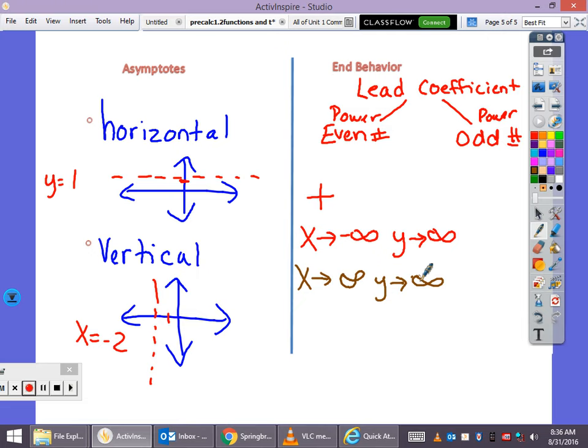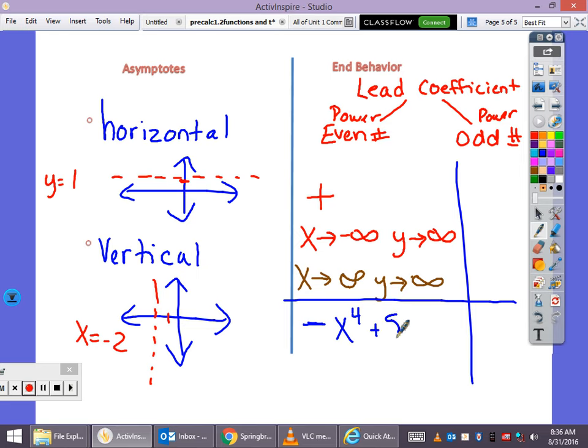Now, the problem happens when you have something like negative x to the fourth plus 5x, let's say, right? What does this negative right here out front really mean? It means negative 1 times x to the fourth power.